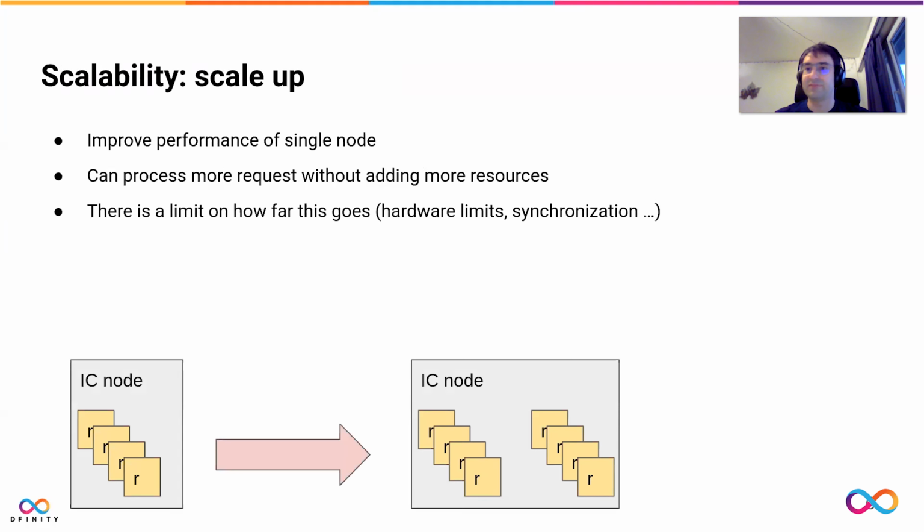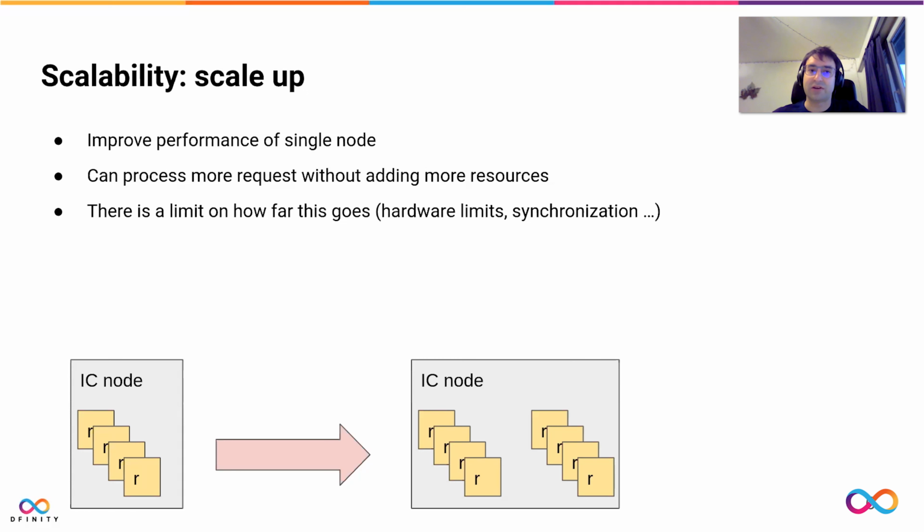And that's obviously great because we don't need to add resources. But there are limits to it, because eventually we are going to run out of compute capacity on our machines because we reach the hardware limits. And often also we have things like synchronization issues because we have so much going on the same machine and we need to synchronize between various concurrent operations. And there is an overhead involved with that.